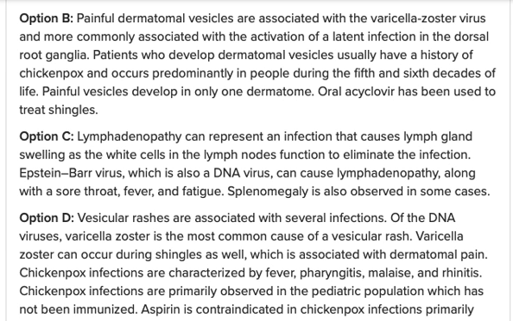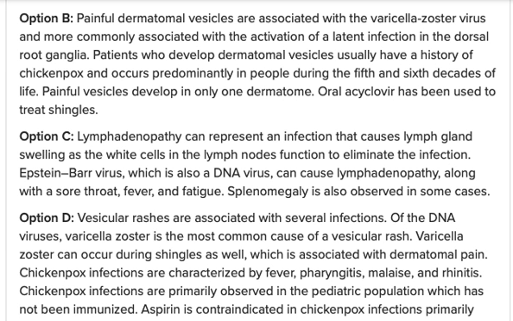Option B, painful dermatomal vesicles, are associated with the varicella zoster virus and most commonly associated with the activation of a latent infection in the dorsal root ganglia.